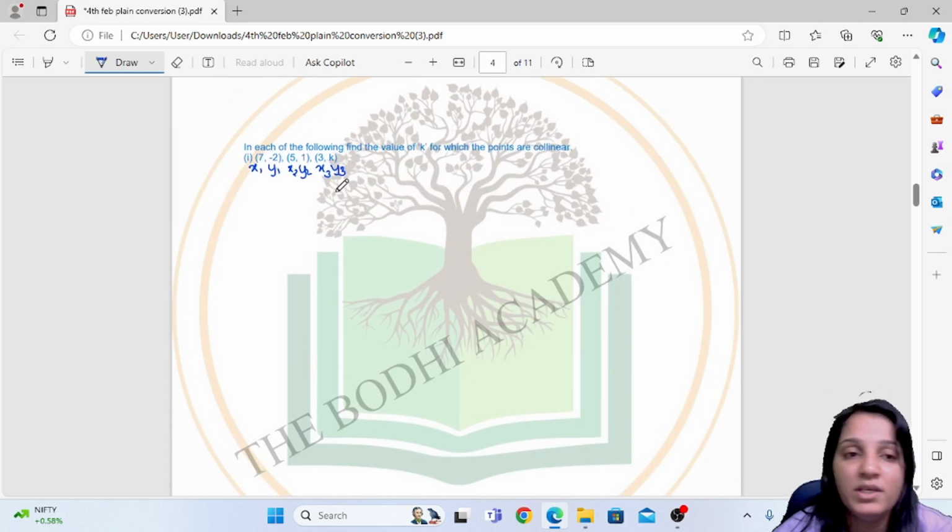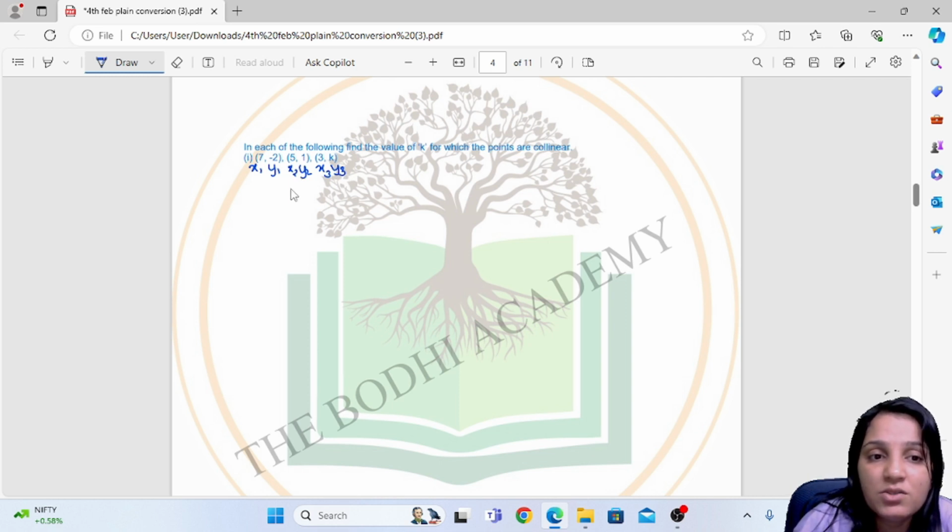Now another important question is, in each of the following find the value of k for which the points are collinear. Points are collinear means your area of triangle is equal to 0.